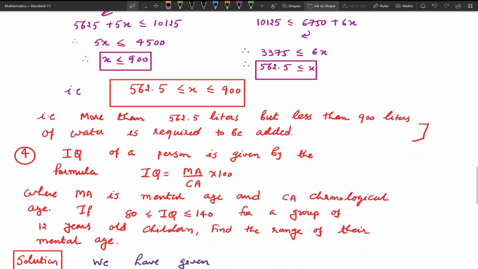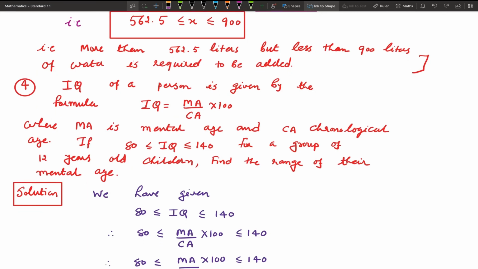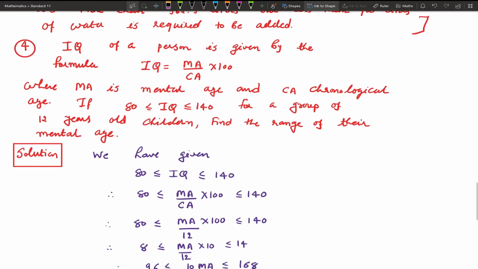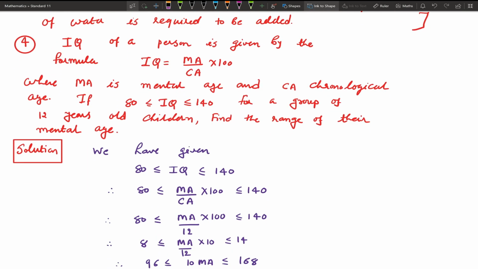And the last one is: IQ of a person is given by the formula IQ equal to MA upon CA into 100. MA is mental age and CA is chronological age. If this is given, 80 less than or equal to IQ less than or equal to 140 for a group of 12 years.